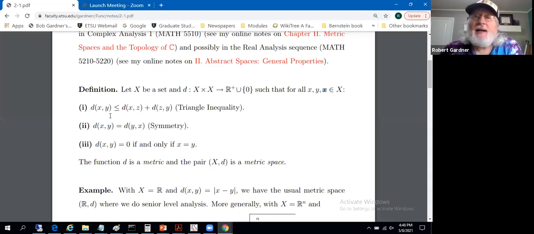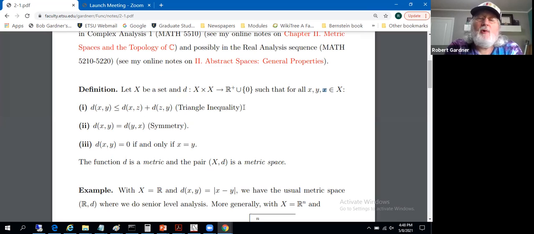I want to say along a straight line, and I can if I've got the right setting, but I'm really stretching our setting here to say something like that. But think of the triangle inequality as: it's quicker just to go directly from x to y than it is to go from x through some third point z and then go to y. You could have equality in R2 if z was collinear with x and y and between x and y.